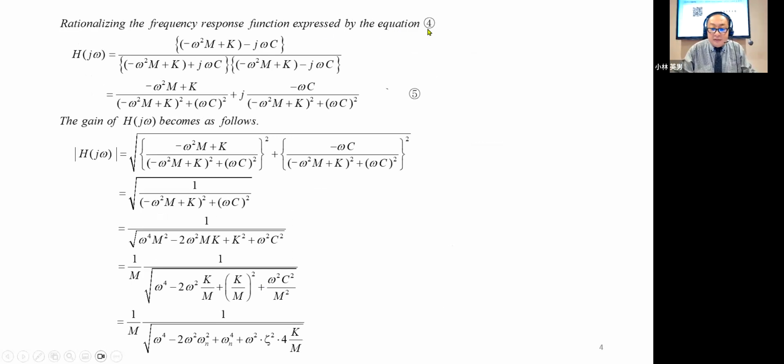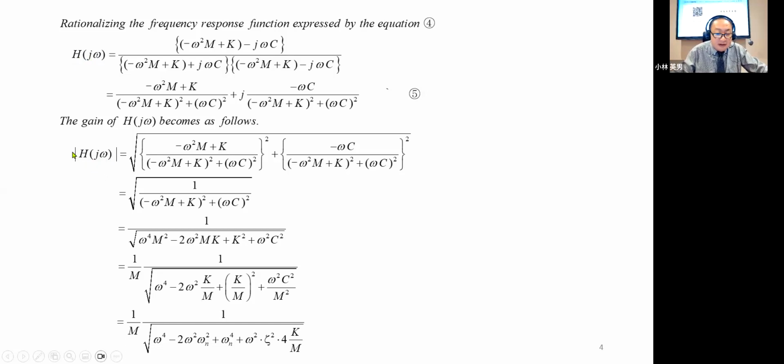According to equation 4, we calculate the FRF. Then it becomes like this. This is the real part. This is the imaginary part. Then using this real part and imaginary part, we can make the magnitude of H(jω). This is usually called gain.